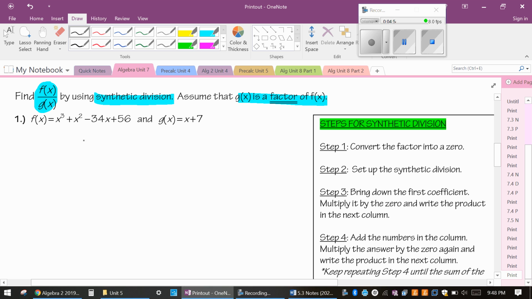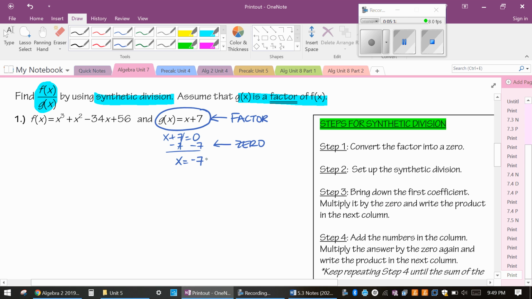But for synthetic division, you need to find the zero that belongs to the factor you've been given. So this is a factor. I need a 0. So I'm going to set it equal to 0, solve it.